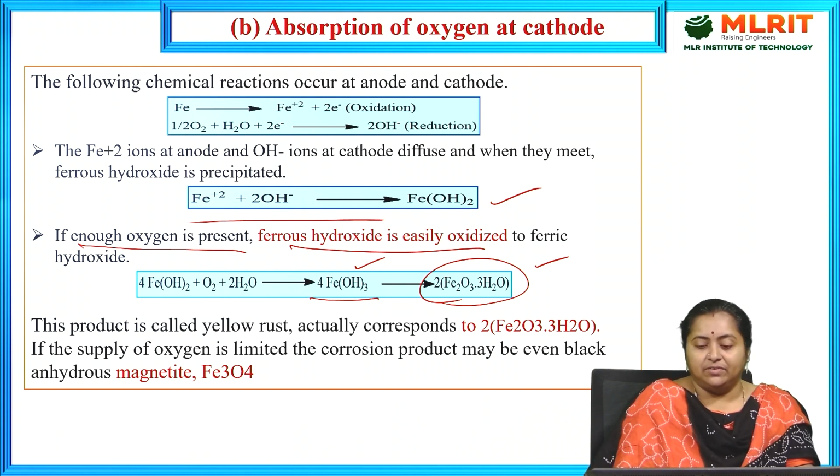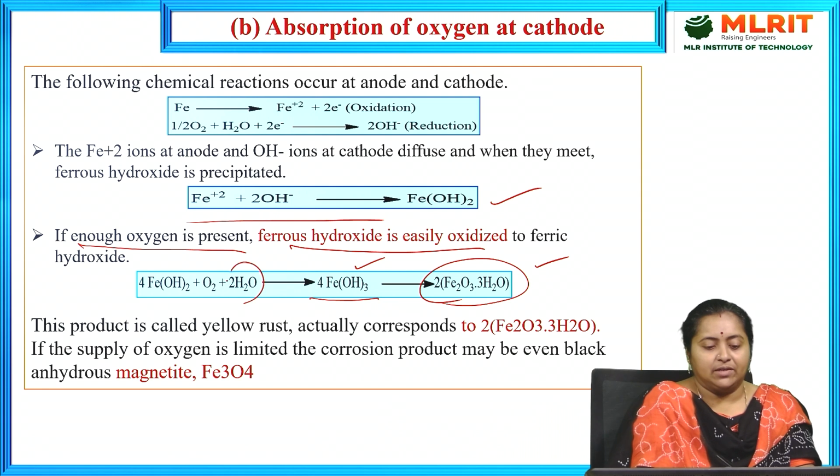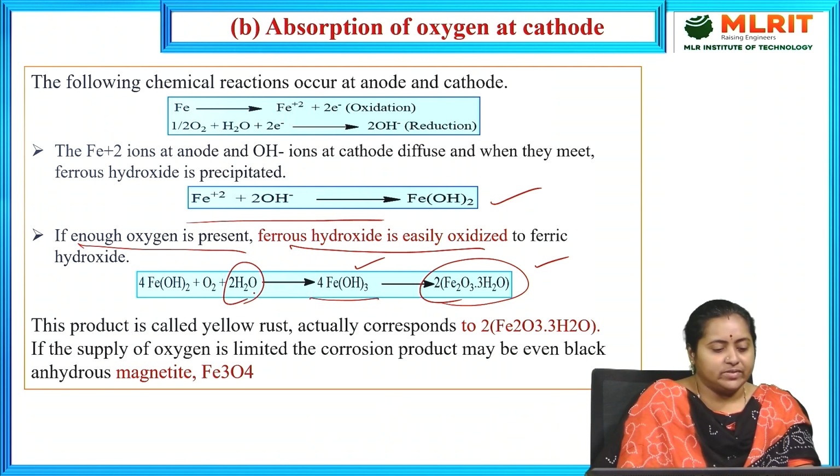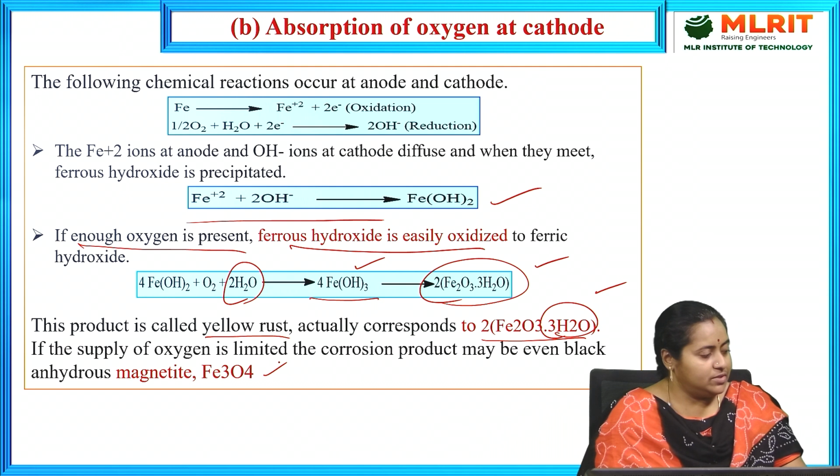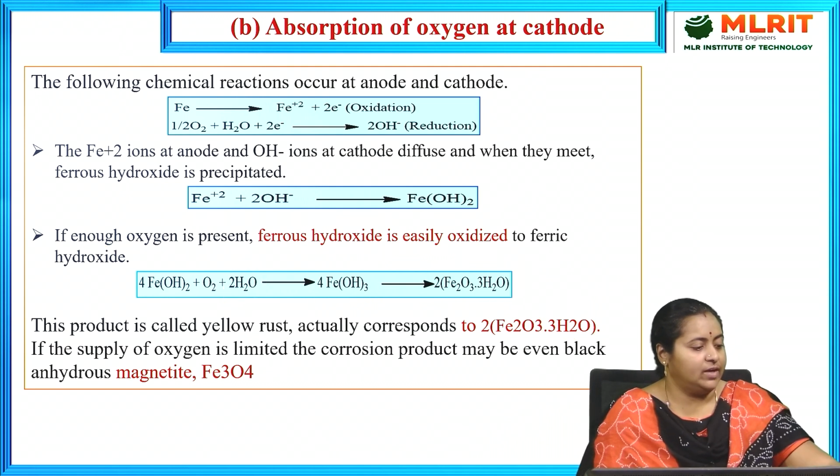Further, it will convert into an anhydrous form of rust if the electrolyte is not available. This product is what we call yellow rust, which corresponds to Fe2O3·3H2O. If this water content is removed, it becomes the anhydrous form, that is the black colored one, known as magnetite, Fe3O4.